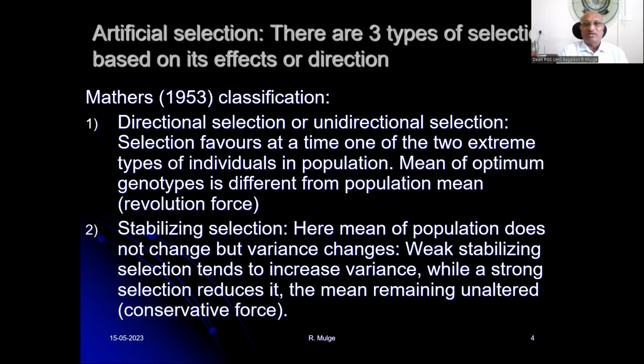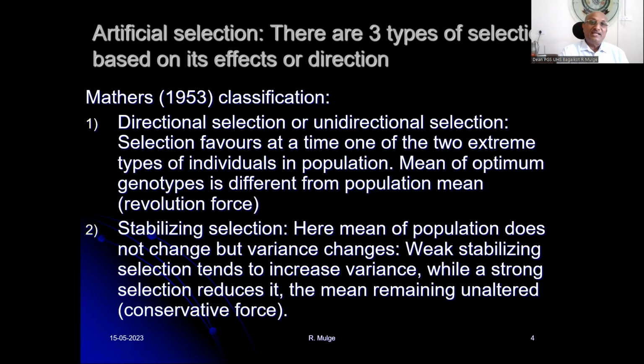And the mean of the optimum genotype is different from the population mean. If you take the mean of the plants near 100, and the mean of the entire population, definitely it is different, right? Even near 0, the mean of those plants is lower compared to the overall population mean. So the base population has its mean, and the selected population mean is different. It is a revolutionary force. It's changing in one direction, right?